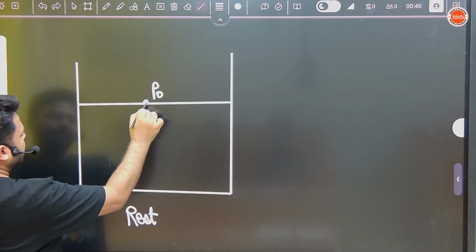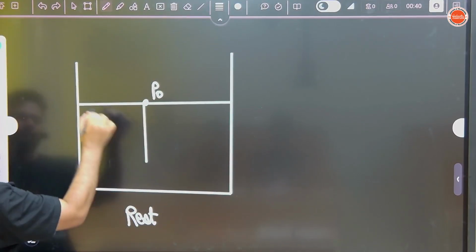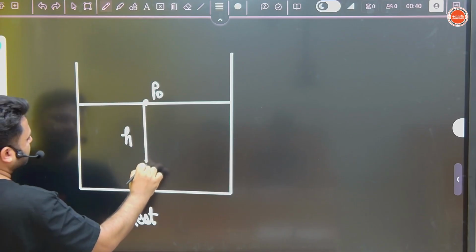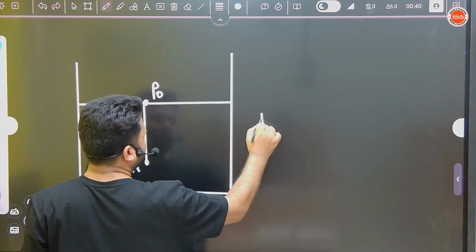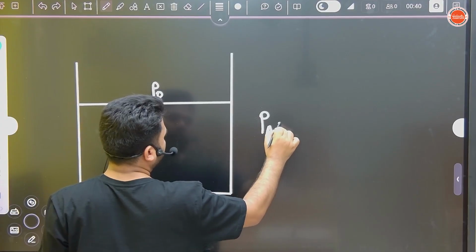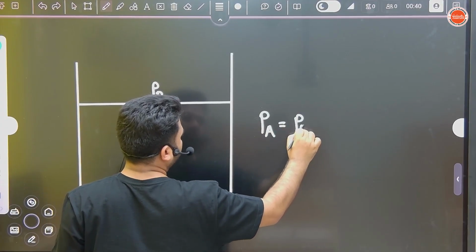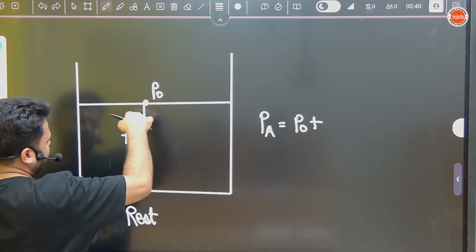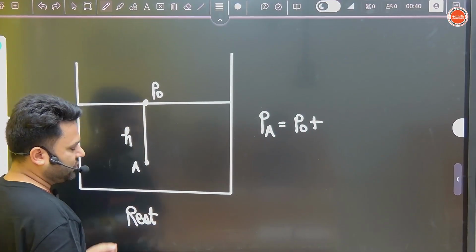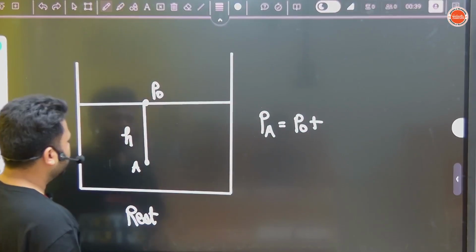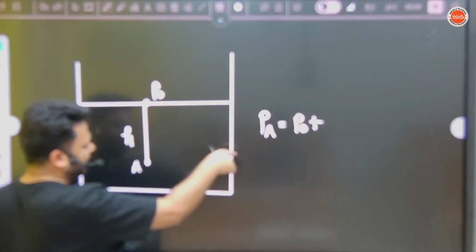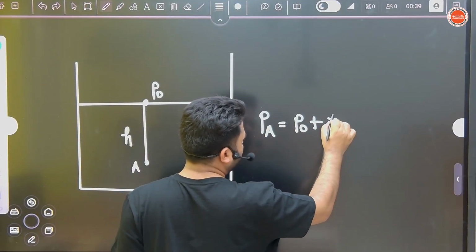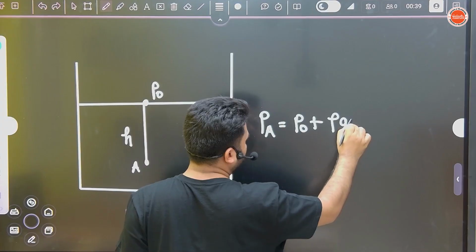If someone asks what is the pressure at a depth h, point A, so pressure at point A equals P naught plus there is acceleration due to gravity, g, in the downward direction. So more pressure will be at A. Pressure at A equals P naught plus rho net acceleration g into h.